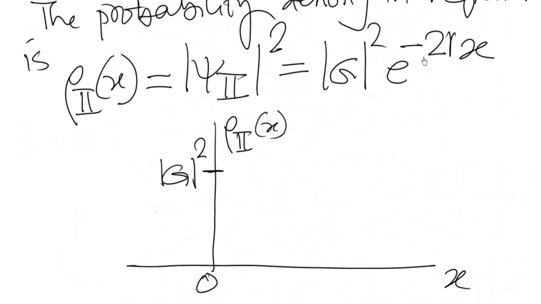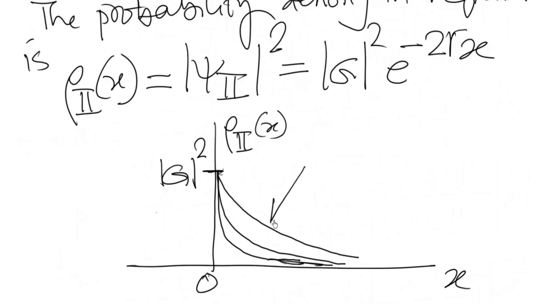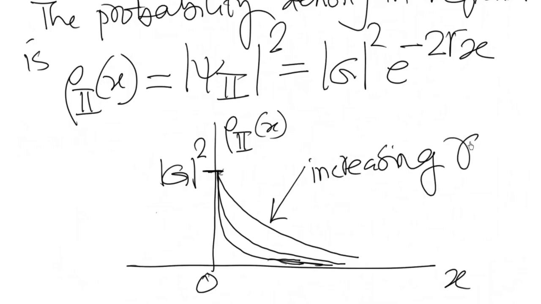Now you see it's exponentially decaying, e to the power minus 2 gamma x, so we'll have a curve like this. If we change gamma, then we can have another like this. Along this direction we are increasing gamma, taking different values of gamma.